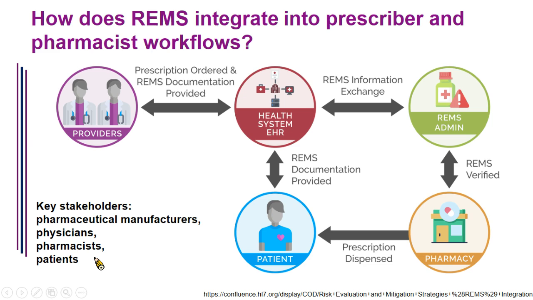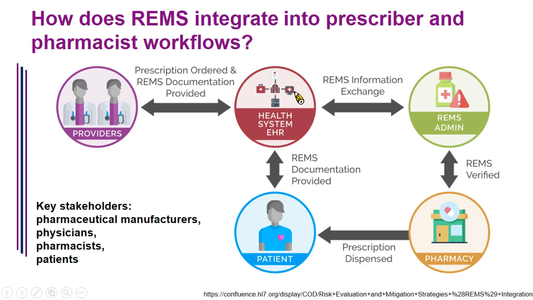So from this flow chart, let's start from the right-hand side first. There are the manufacturers, who provide the REMS program, the REMS platform, and then they will require the healthcare system's EHR, the electronic health record system, to attach to that.